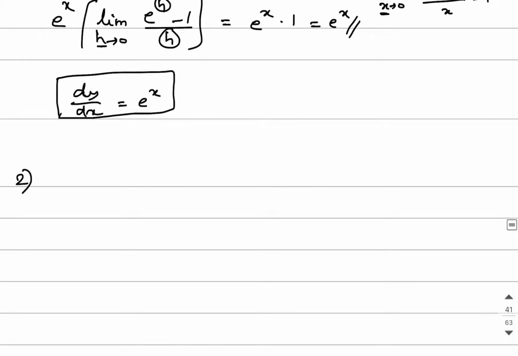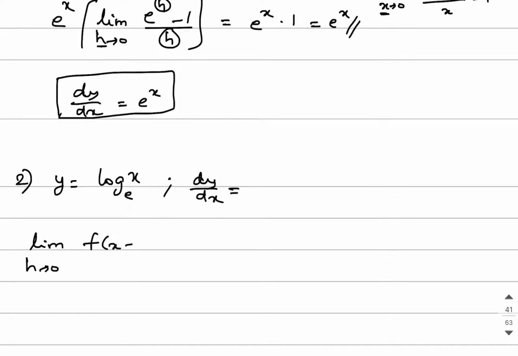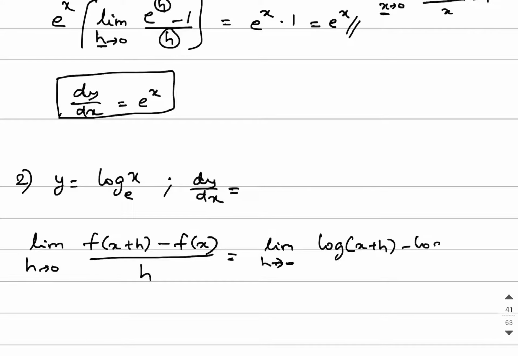Similarly, we will see the derivative of log x base e. For that, we will apply the first principle: dy by dx is equal to limit h tends to 0, f of x plus h minus f of x whole divided by h. So this will be equal to limit h tends to 0, f of x plus h means it is log of x plus h minus log x whole divided by h.